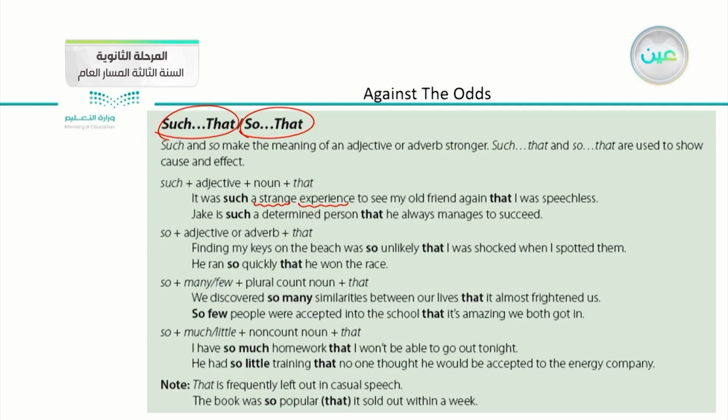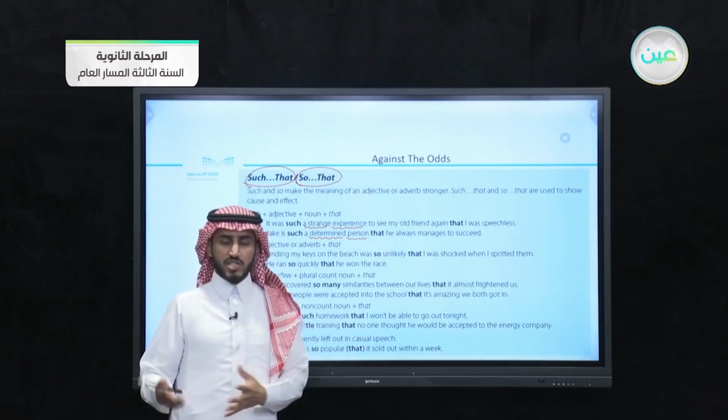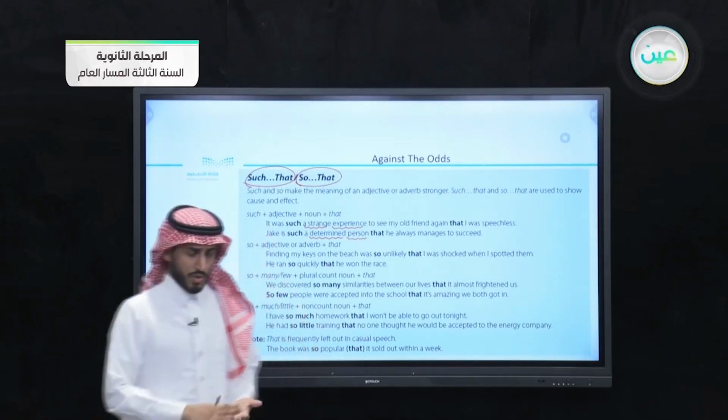Jake is such a determined person. Determined is adjective and person is noun. So when we have an adjective that is followed by a noun, then we use the word such. Such a pleasant night, such a nice person, and so on.